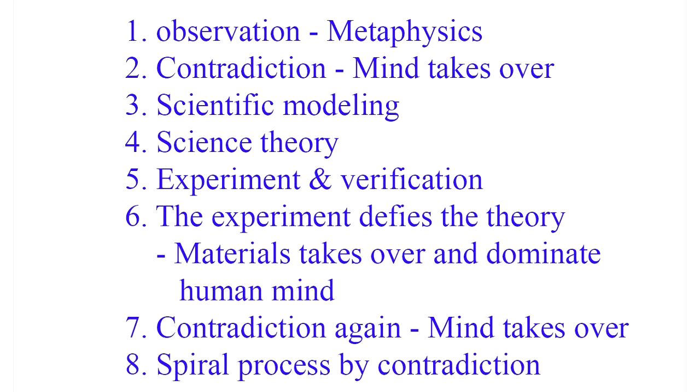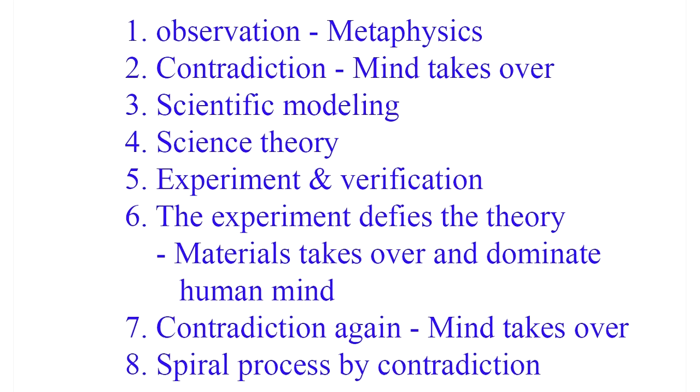Okay, there is a conflict between the human mind and nature, and what is the quantity here? The quantity here is human knowledge. The human knowledge accumulates. At a certain point, this quantity is going to produce a new theory. So the quality changes. And if an experiment defies a theory, then contradiction again.